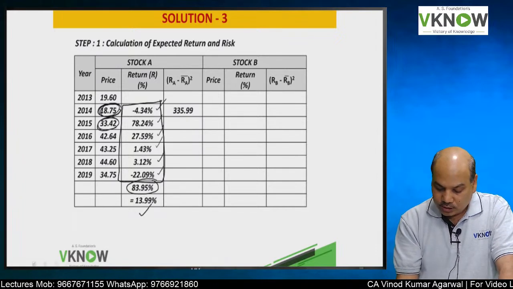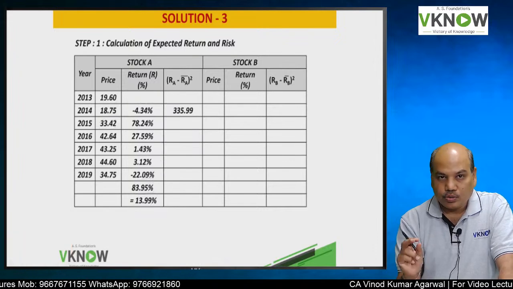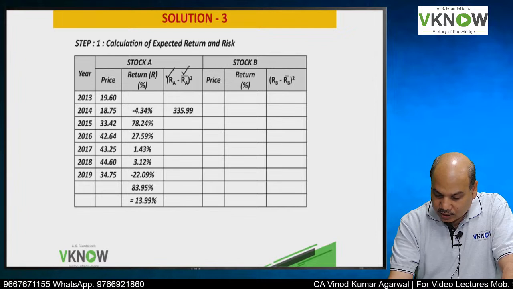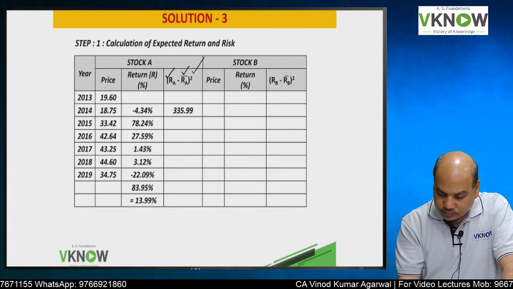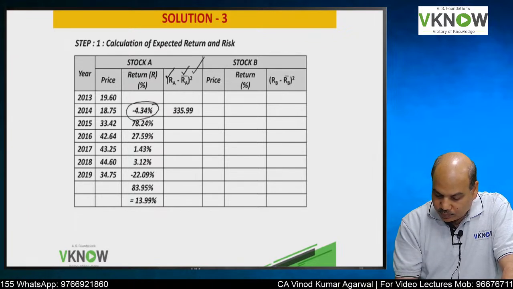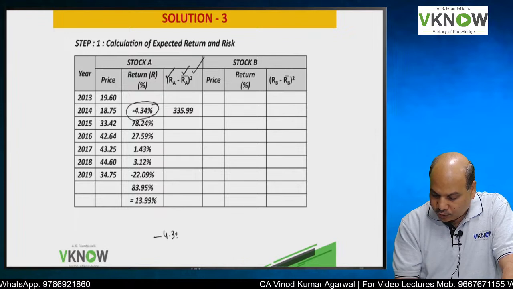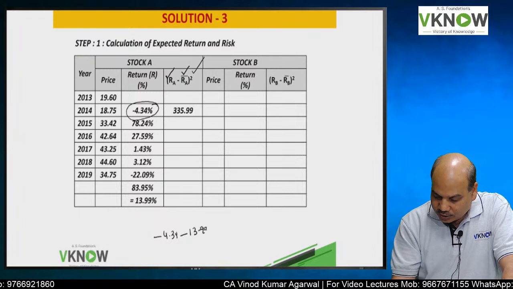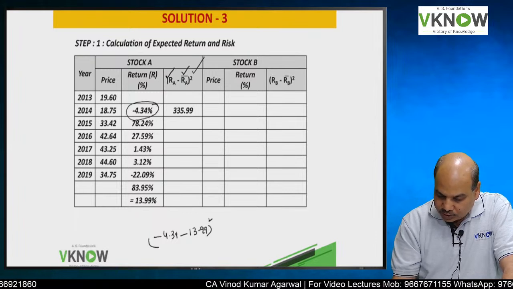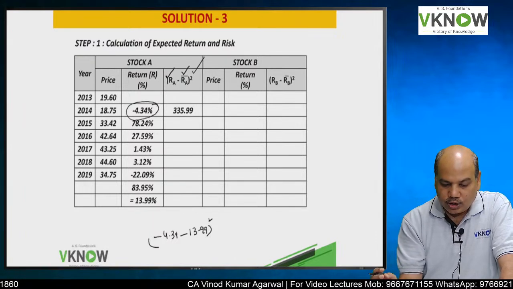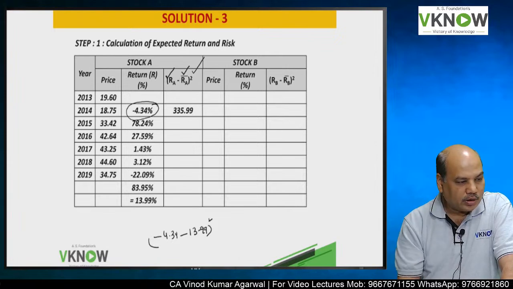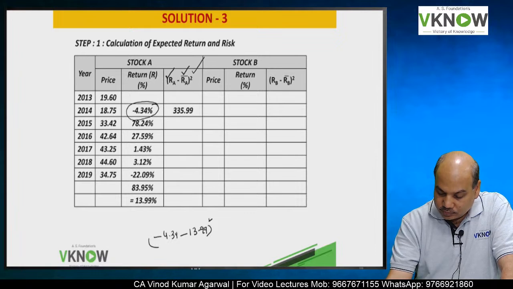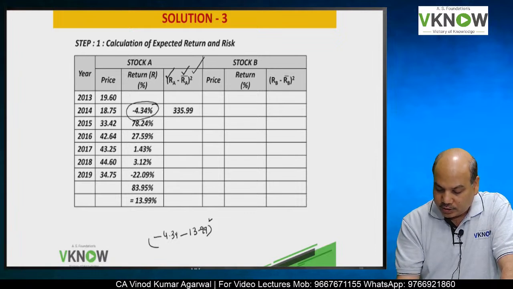Now next is to compute standard deviation, RA minus RA bar square. Type minus 4.34 on your calculator, minus 13.99 and take the square. How do you take the square? Multiply equal to sign. Anybody got the answer? 335.99.